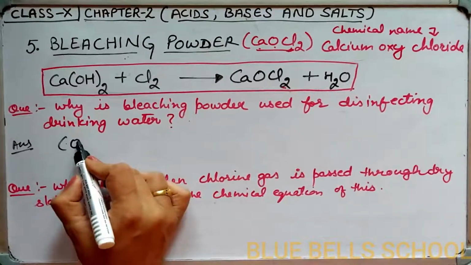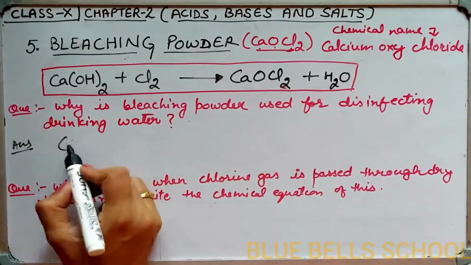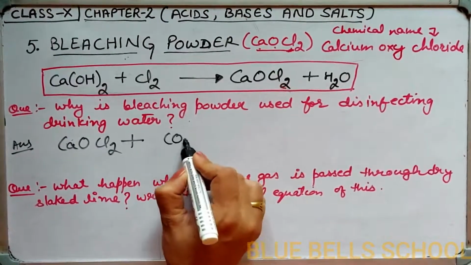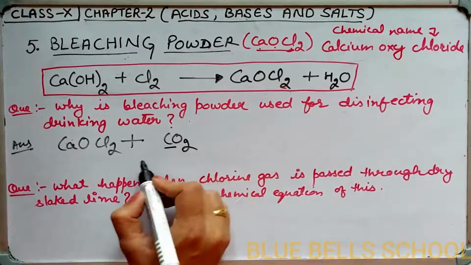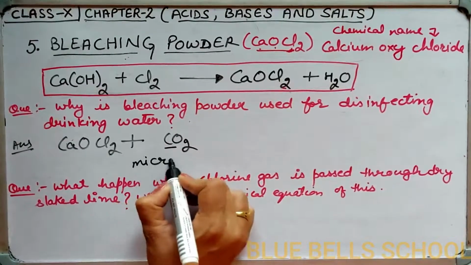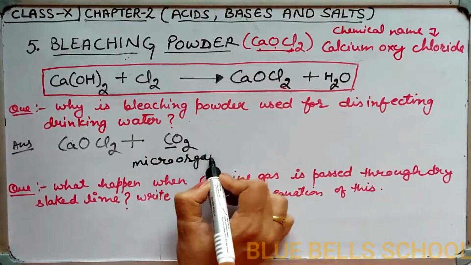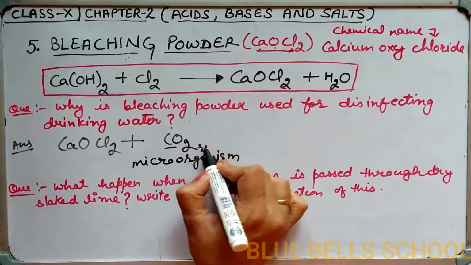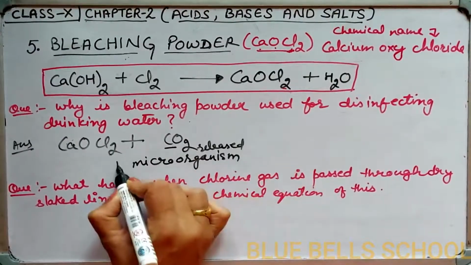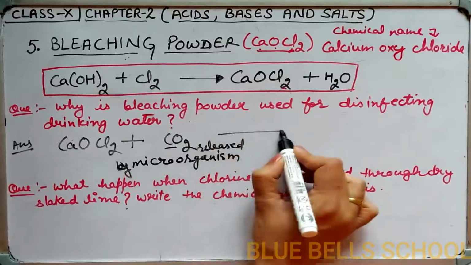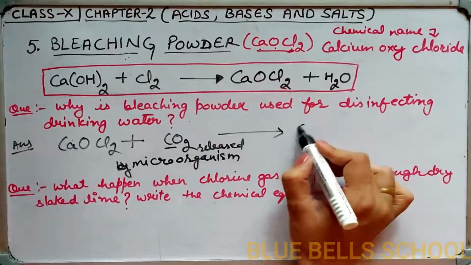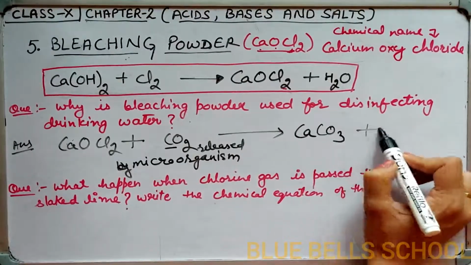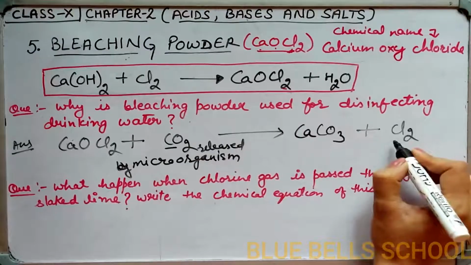When bleaching powder comes in contact with carbon dioxide, which is released by microorganisms present in water, it will form calcium carbonate plus release chlorine gas.